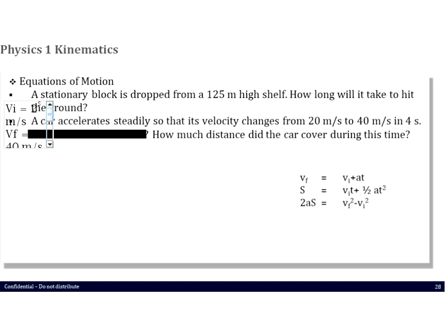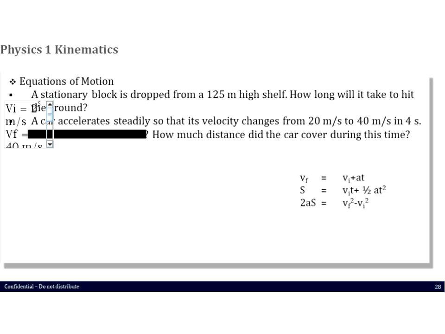So S is equal to VIT plus half AT squared. Just plug the values. S we don't know. VI is 20, not 2. Sorry for that. Let's fix it right away.